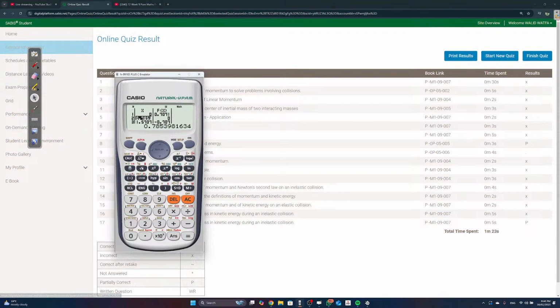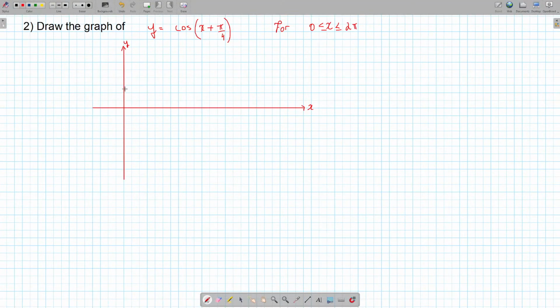For 0 you'll start over here. Let's label our axis. Our maximum point is gonna be 1 and our minimum is gonna be -1, because we're working with cosine. You want to go from 0 until 2 pi. Let's take each 3 squares as pi over 4.